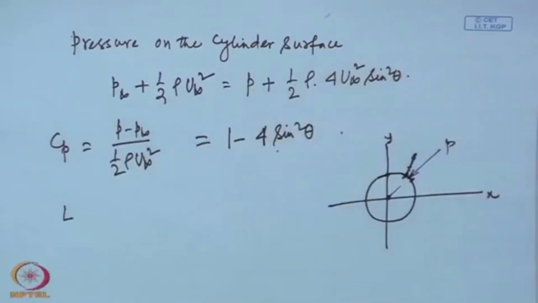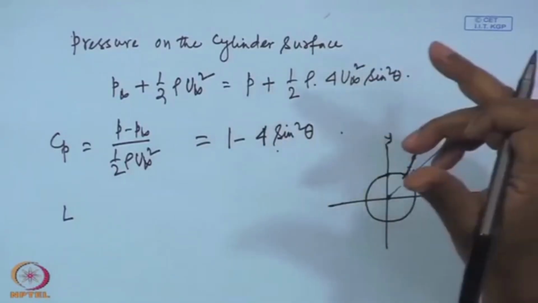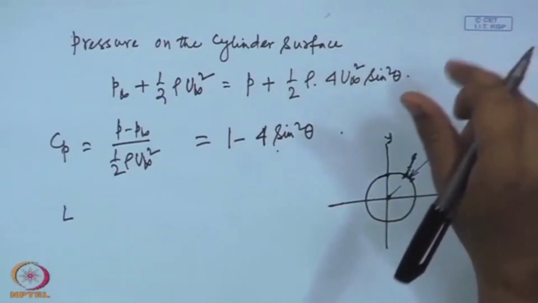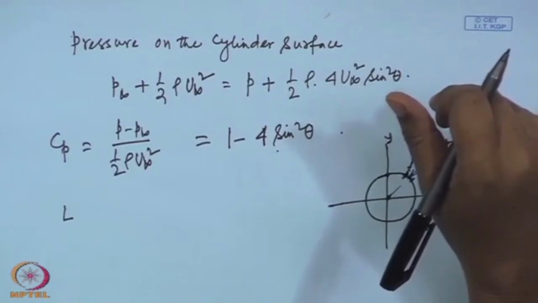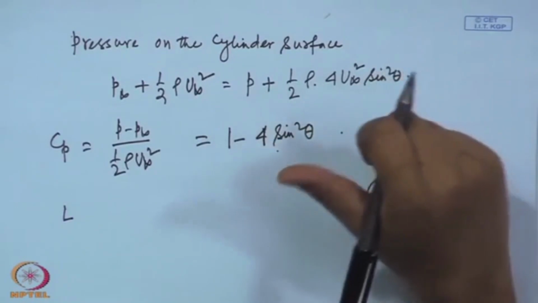So, we cannot find it completely, we have to consider only a unit width, that is length along the z direction, then the area of that strip is r d theta into 1.